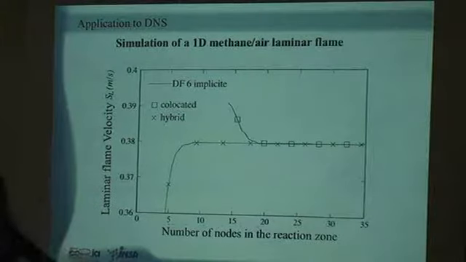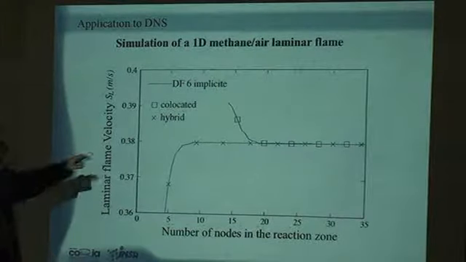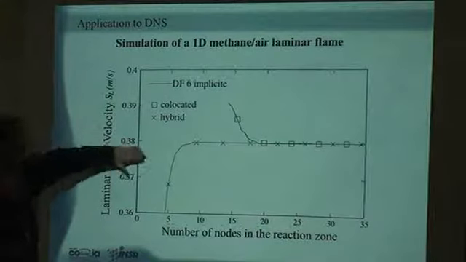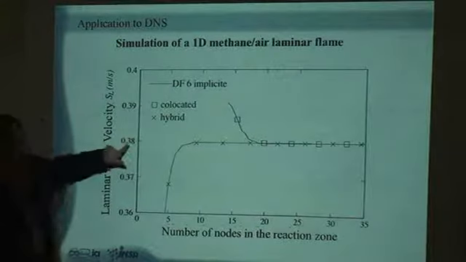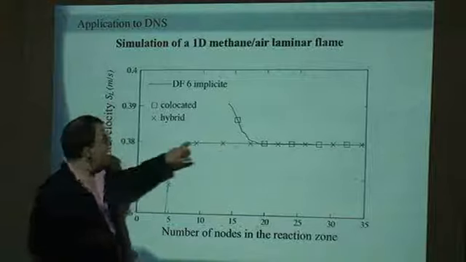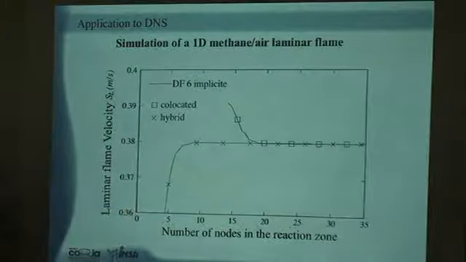For the collocated scheme, standard, the exact laminar flame velocity was 0.38. And if you take fewer than 20 points in the reaction zone, the collocated scheme is not correct, while the hybrid scheme is correct, of course. And this is exactly why you can go to double the size, right?